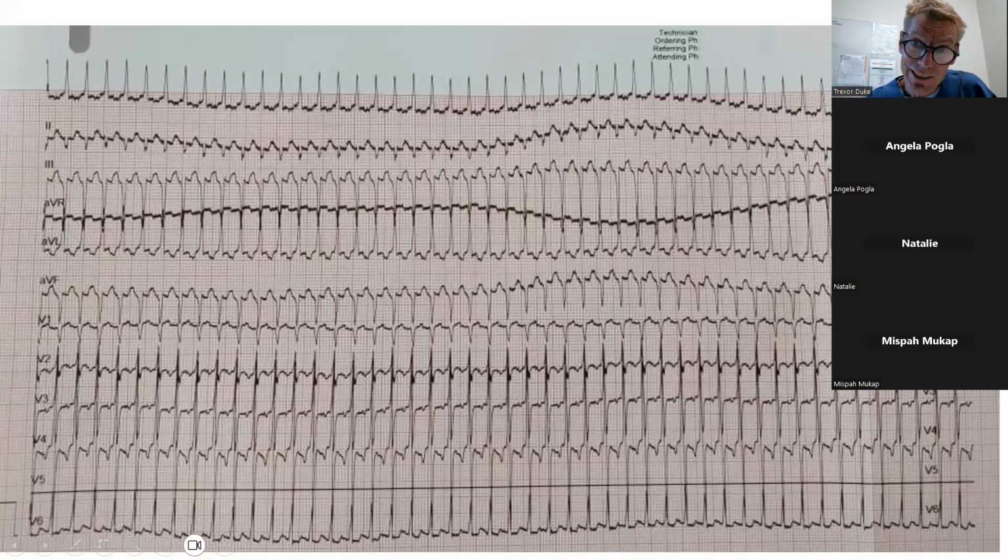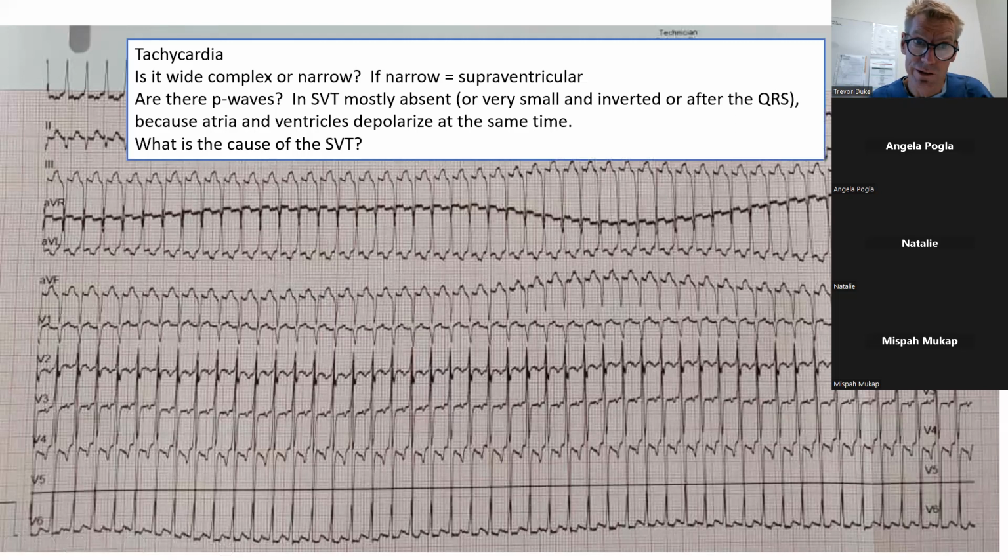So you're starting to think this is a narrow QRS complex. The QRS is normal, so therefore it's probably SVT, right? I think making a distinction between supraventricular tachycardia and ventricular tachycardia is a good thing to learn.